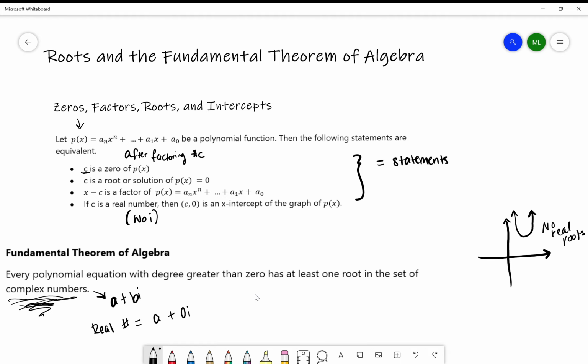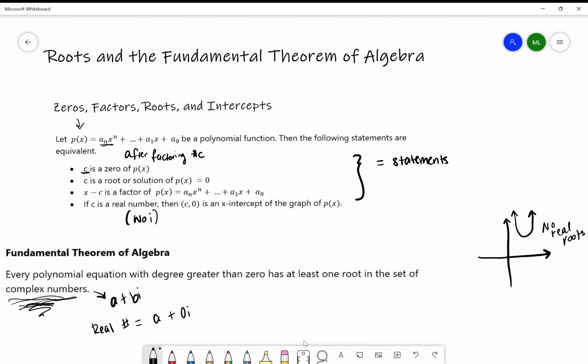That's the fundamental theorem of algebra. If you have a polynomial with a degree greater than 0, so here's your polynomial, it starts with n degree here, and n is greater than 0.